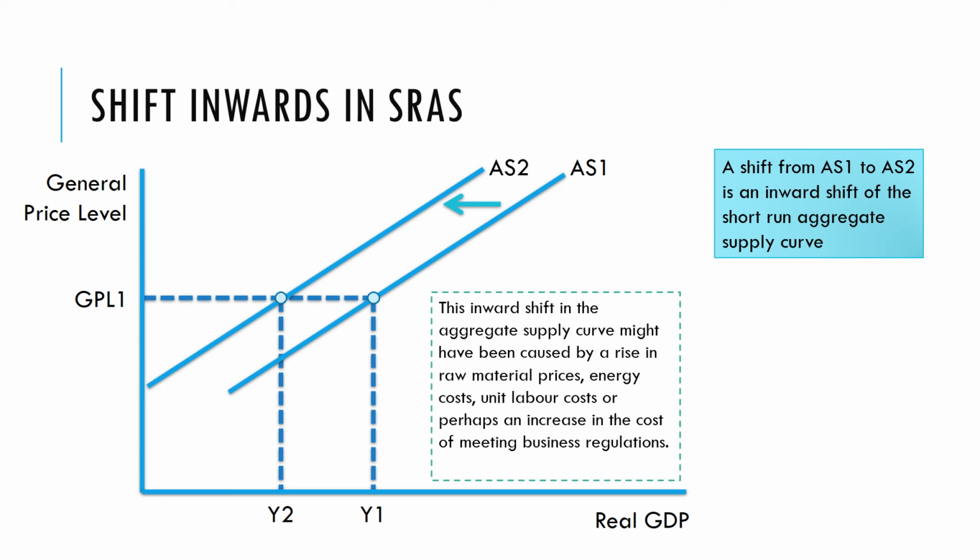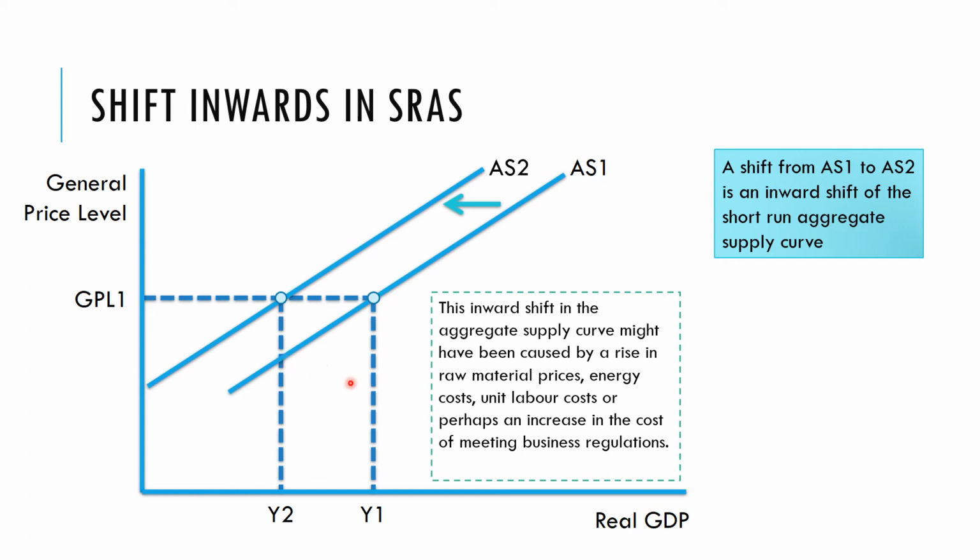And effectively what it's doing is saying that businesses would not be prepared to supply that particular quantity at a certain price level. So here, on the original aggregate supply curve, we're saying within the economy, firms would have been willing to supply level Y2 of output if the price level was this price level here.